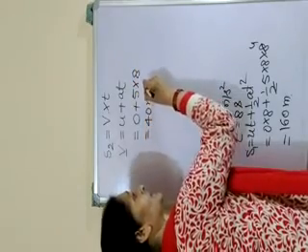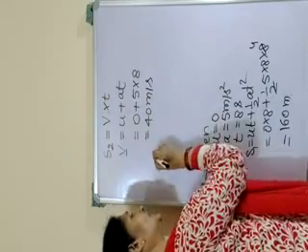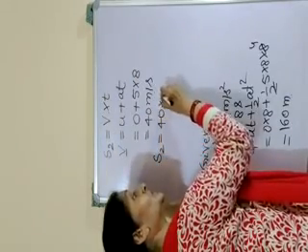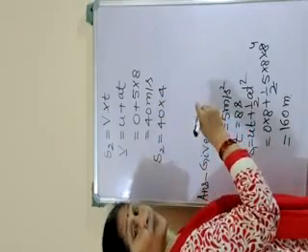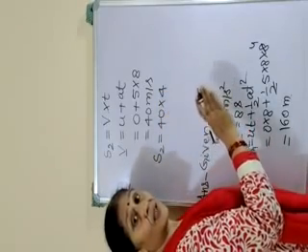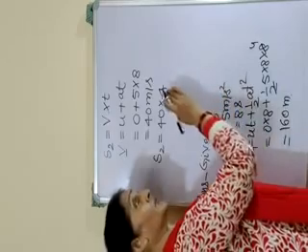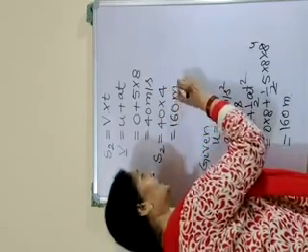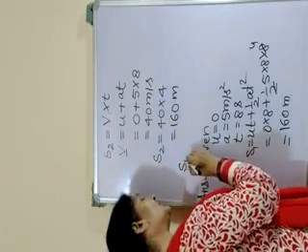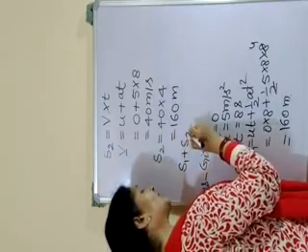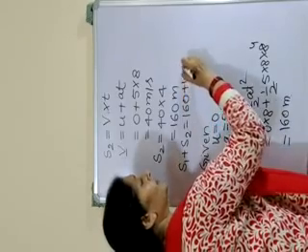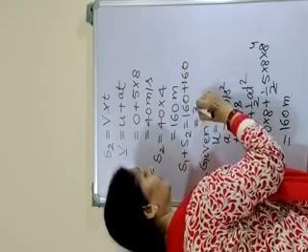Now S2 is equal to 40 into 4, the time taken by the car in last 4 seconds, and this will be equal to 160 meter. Therefore, the total distance travel equal to S1 plus S2, 160 plus 160 equal to 320 meter.